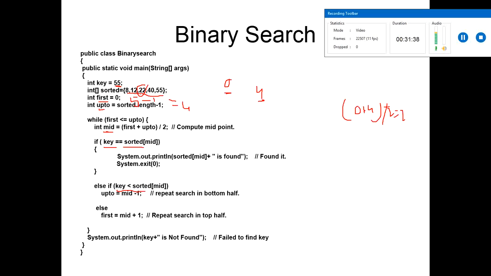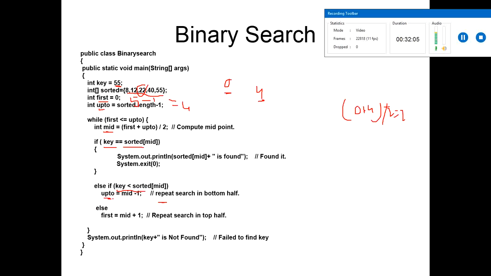Is my key less than the value over here? If my key is less than the sorted element at the middle, what will I do? I will repeat the search in the bottom half. So what will I do?